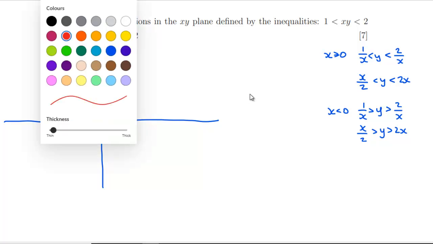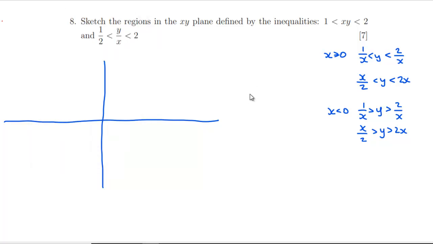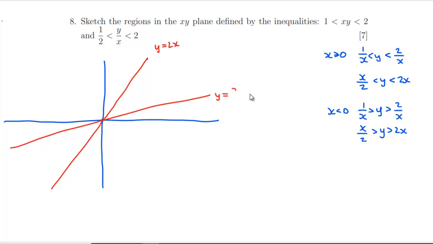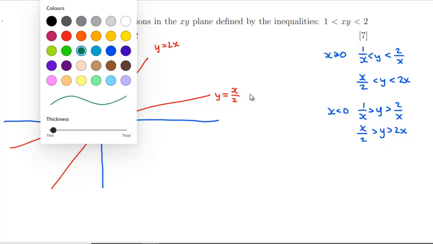So change of colour, I think, is in order. We need to draw y is 2x and y is x over 2. So we can draw in that one there for y equals 2x. We can draw in that one there for y equals x over 2. Then let's go for a green.